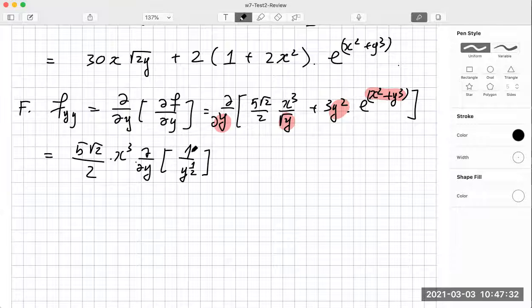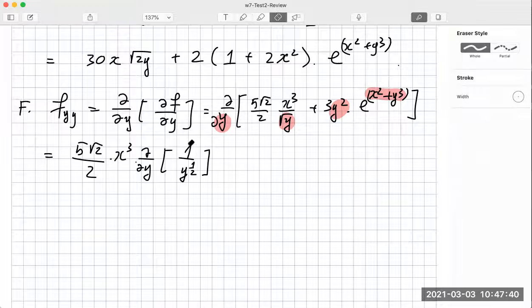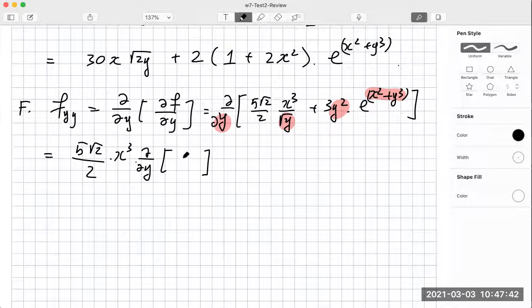If we do so, we need to change the power from 1/2 to negative 1/2. Very good. That is why we have this. And here, the same story.